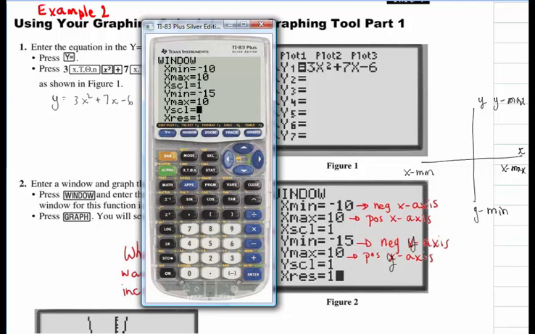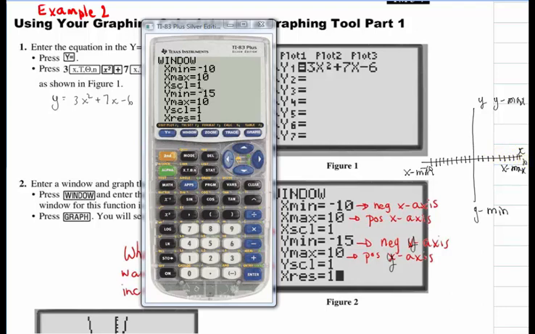Okay? So what this window setting will give you on your screen once you graph is that you will have an x min at -10, so increments of 1, so 1, 2, 3, 4, 5, 6, 7, 8, 9, and -10. And along for your x max up to 10, 1, 2, 3, 4, 5, 6, 7, 8, 9, 10.